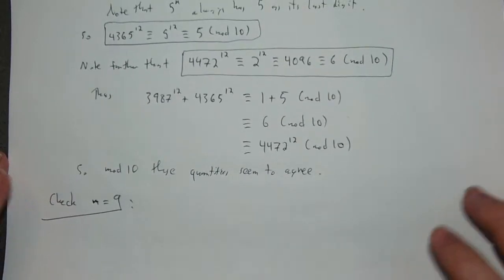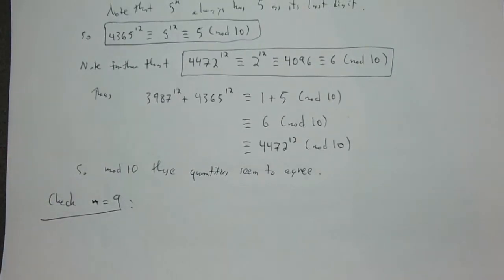Now, mod 9 is not quite as easy to check as mod 10. Mod 10 is just peeling off the last digit. We'll show this in a section in a little bit. But right now, what do you do when you are considering some positive integer mod 9?